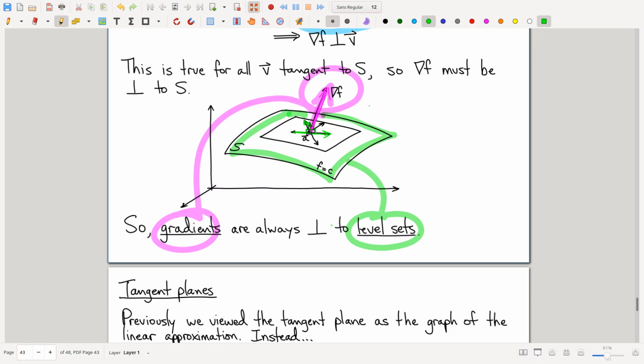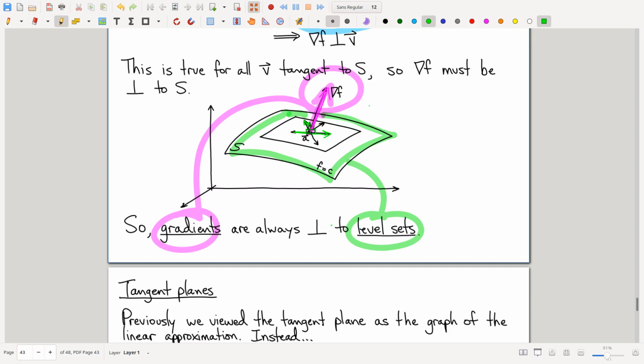What we have here is one of the biggest facts of what I like to call the calculus of level sets. Gradients, of course, are part of calculus. This is a kind of a derivative of sorts. Calculus in the context of level sets, this is a pretty big interpretation. Gradients are always perpendicular to those level sets.